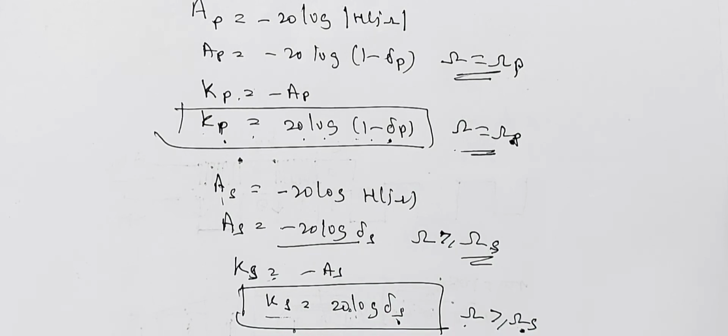Between pass band and stop band, the gain is not considered. That is, the transition band is not considered. So these are all the specifications. In the next class, we will discuss the different types of filters and how the filters are designed using different methods. Thank you.